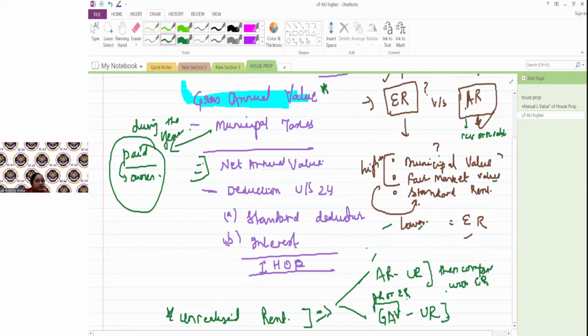In this, it may be that actual rent becomes my gross annual value and then I am reducing the unrealized rent from it. So both situations would be right. Okay, so does anyone have a doubt on the unrealized rent concept?